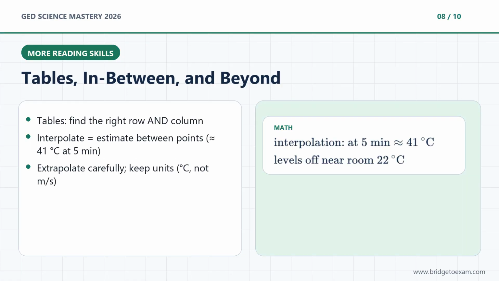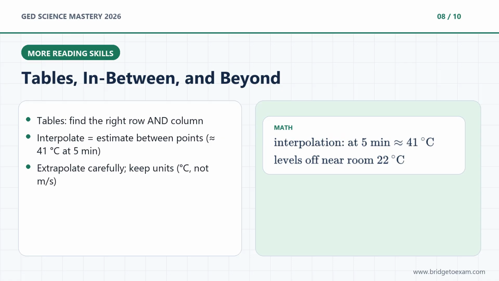A few more skills that score points. Tables work exactly like graphs. Find the correct row and the correct column before you compare. Reading one row off is a classic mistake. Estimating between two known points is called interpolation. For example, at 5 minutes, between 46 degrees and 36 degrees, a good estimate is about 41.